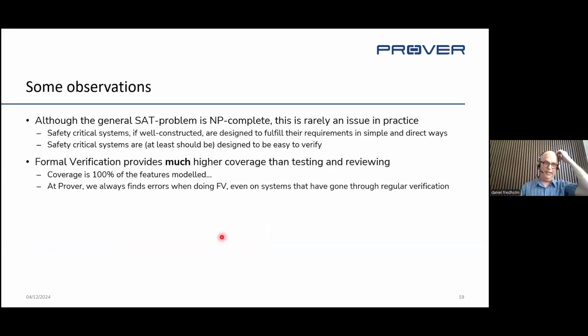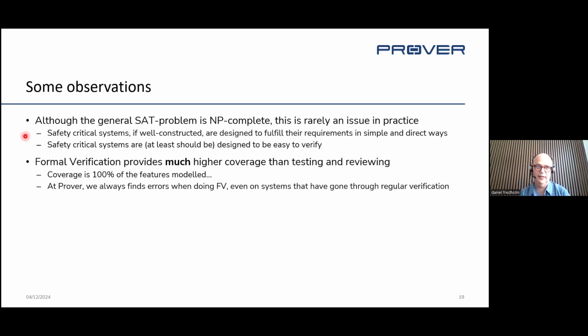So let me just finish with maybe not some, but at least two observations. One interesting observation, I think, concerns performance, if performance is an issue when it comes to formal verification.